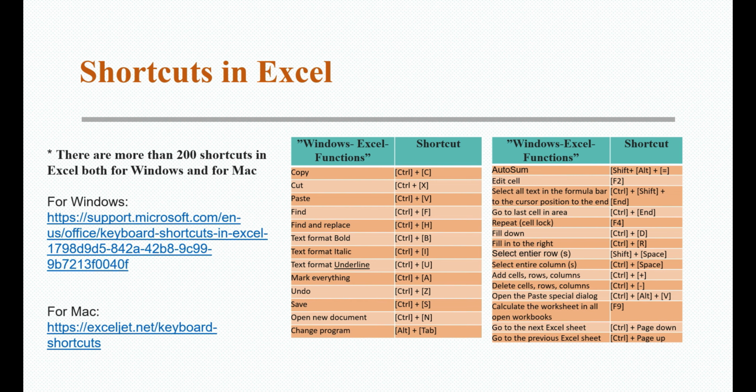There are more than 200 shortcuts in Excel, both for Windows and for Mac. Here in both lists, these are Windows Excel functions. And you can find copy, cut, paste, find, undo, save, go to the next sheet, repeat, find and replace, and you can find more shortcuts on those websites for Windows and for Mac.